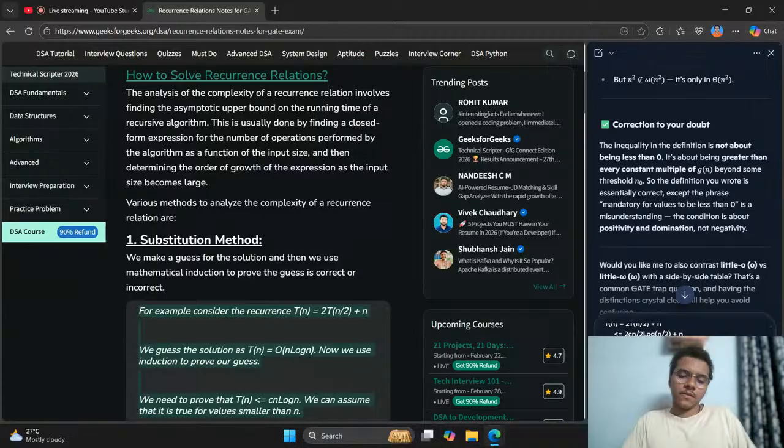How are you going to prove that the upper bound is O of n log n but not O of log n just by this logic?